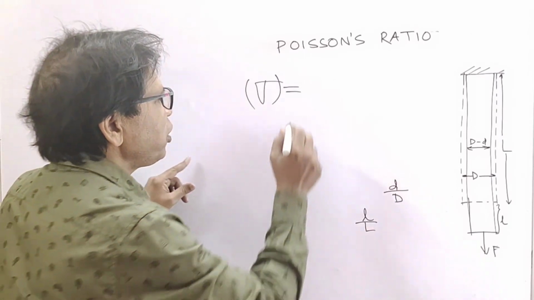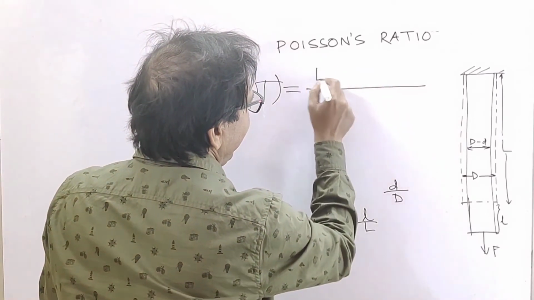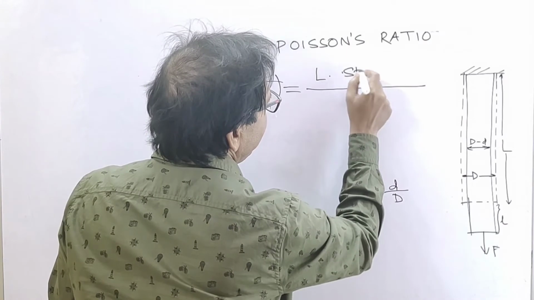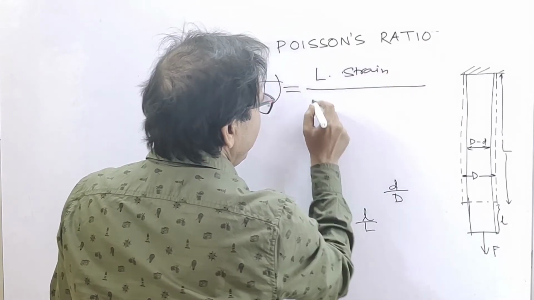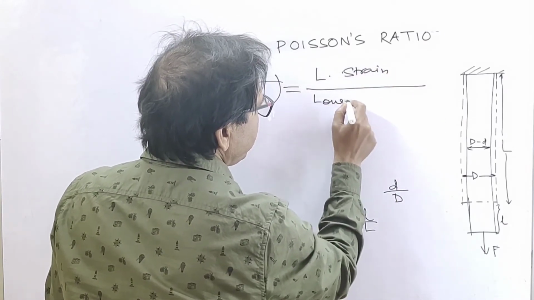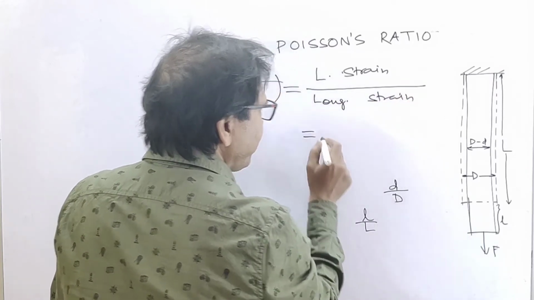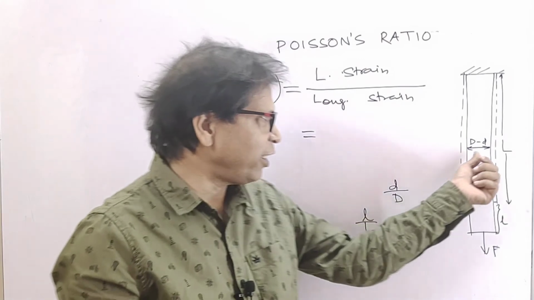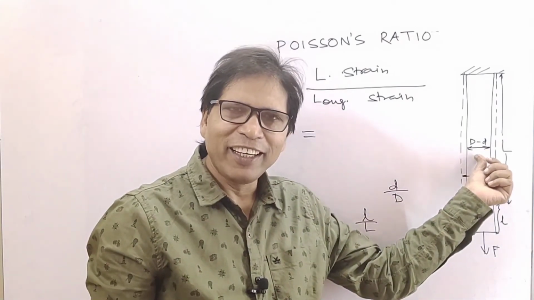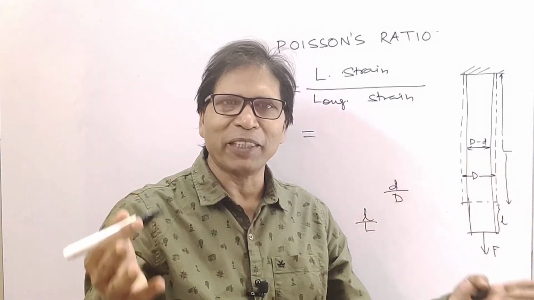So Poisson ratio sigma equals lateral strain divided by longitudinal strain. Okay, now what is the lateral strain? Lateral strain is the change of diameter divided by original diameter.